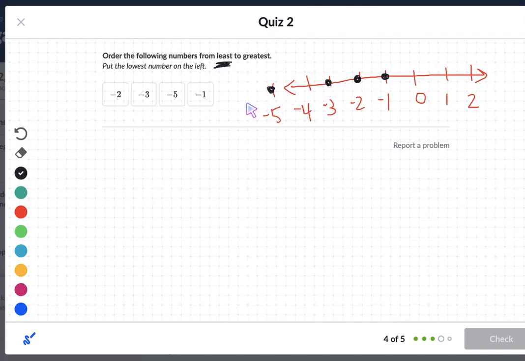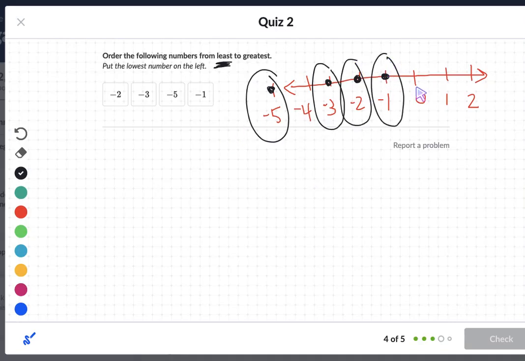By plotting them, you got it in order already. This is your order right here. -5 goes first, -3, then -2, and lastly -1, because this is going from least to greatest. Starting from the left-hand side is the smallest. So that's a very easy way to get your answer.